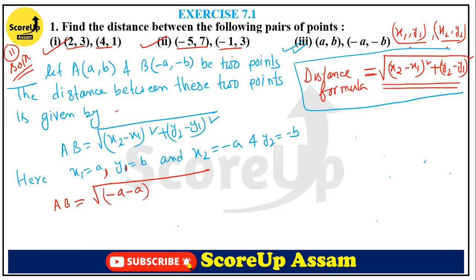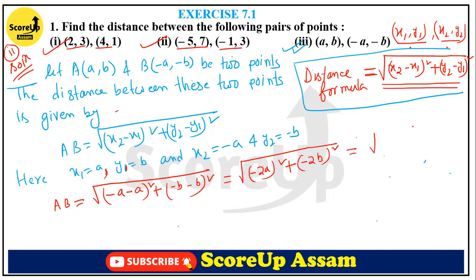So the root over minus a minus a whole square plus y2 minus y1. Y2 means minus b, minus y1 means b. So what we can write is, it will be minus 2a whole square plus minus 2b whole square.